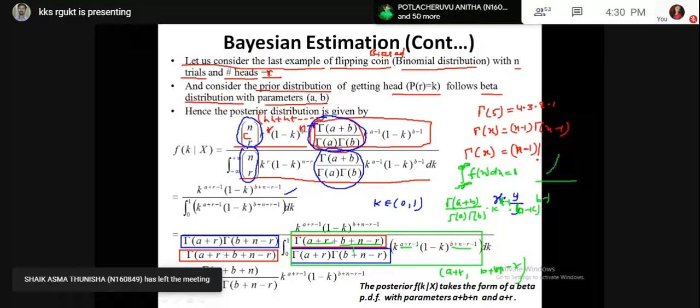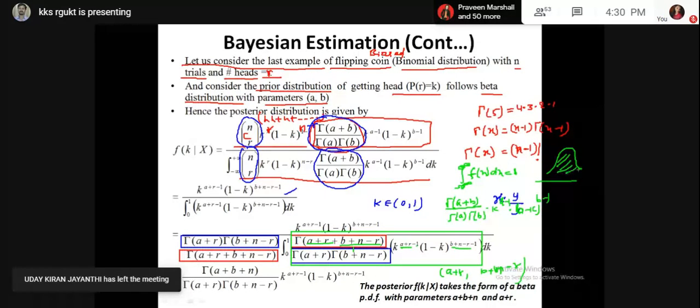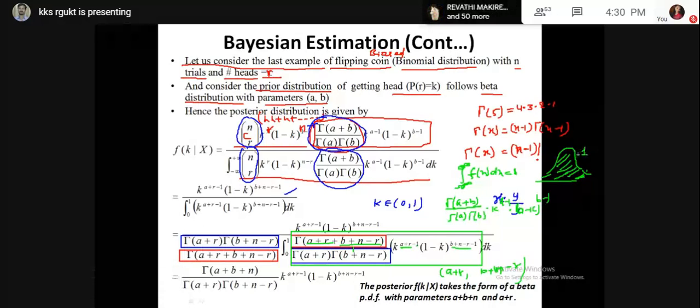Like in the normal distribution, we have seen that the area under the curve from minus infinity to plus infinity is 1, because the total sum of probability cannot be more than 1. This quantity is integrated from 0 to 1 because here beta goes from 0 to 1 only. So this quantity under the green rectangle will give you 1. So that is ignored, and the left out part remains, so this will go here.